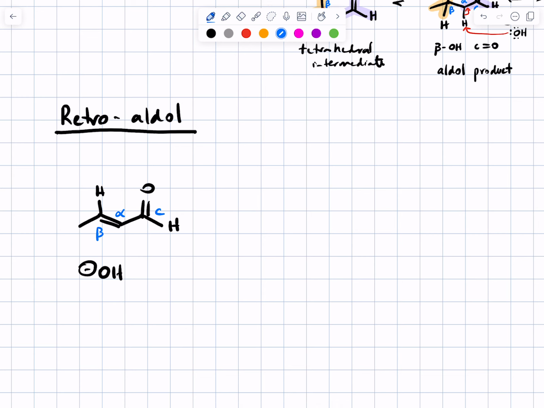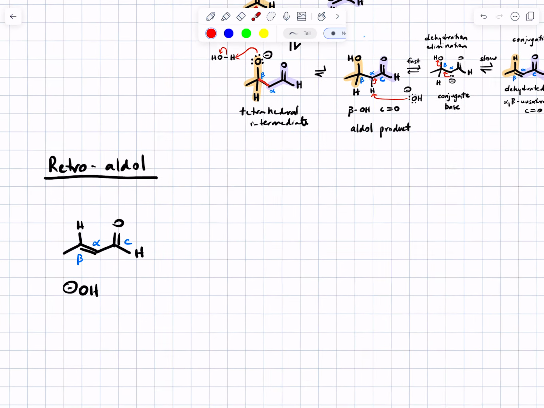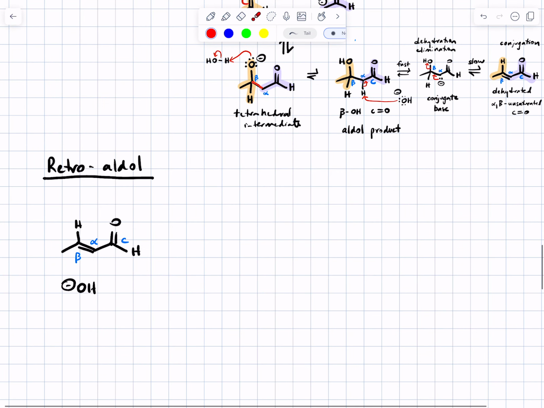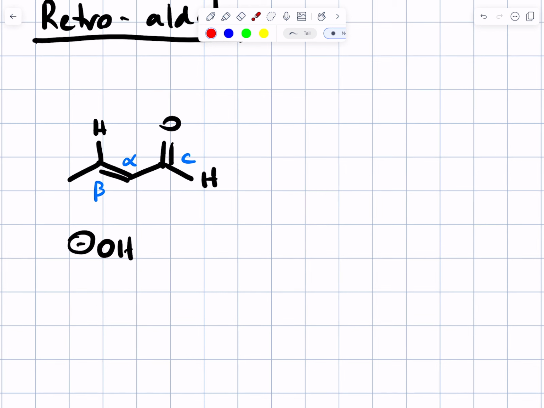Now, where's it going to attack? If you didn't know, you might say, well, let's attack the carbonyl carbon. And you can do that, that's probably happening, but it doesn't lead to the appropriate destination. We want to have an OH on the beta carbon.